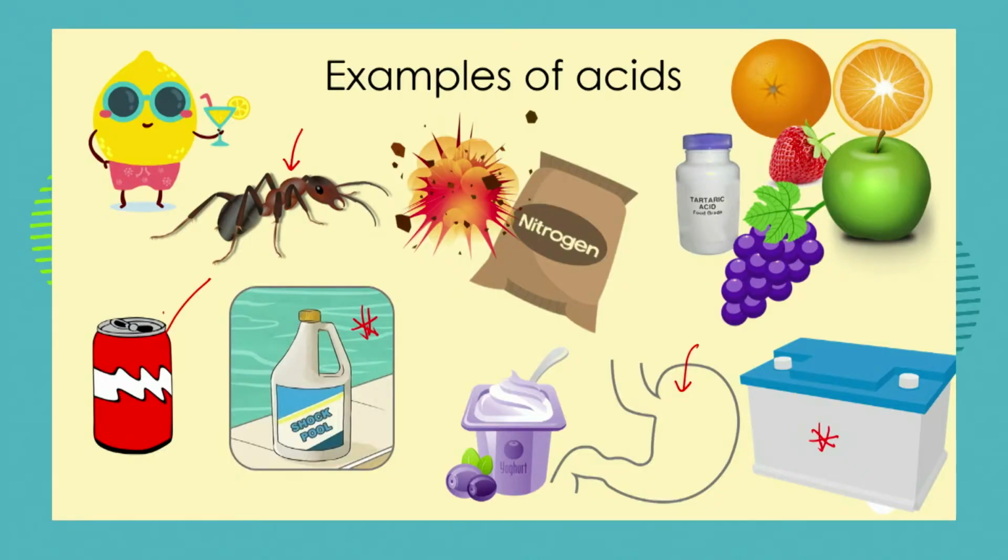But common things such as fizzy cold drinks and lots of fruit products all have acids in them. We also have lactic acid in fermented milk products. So now you are at the point where you can identify or recognize certain things as being acidic.